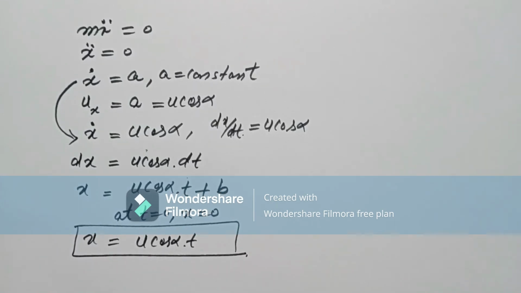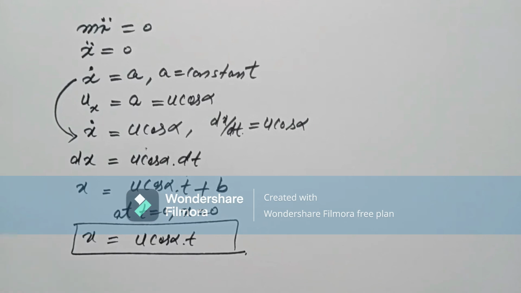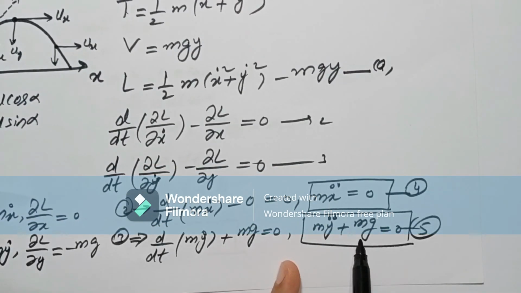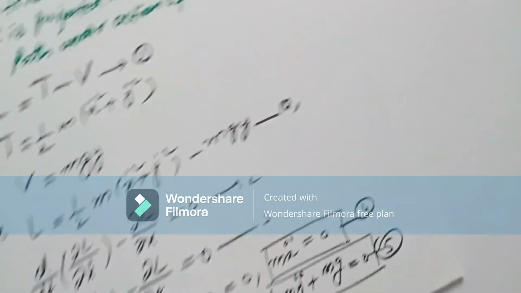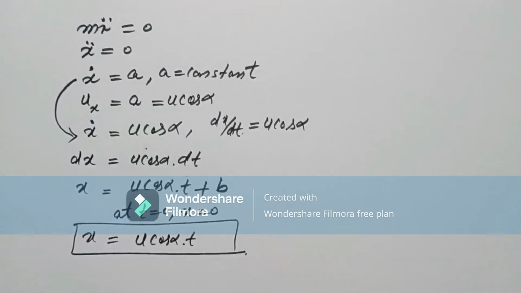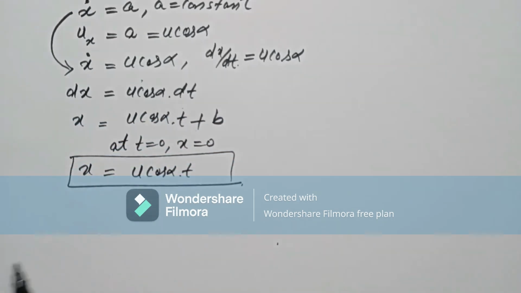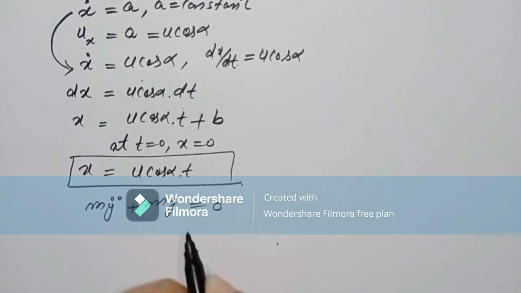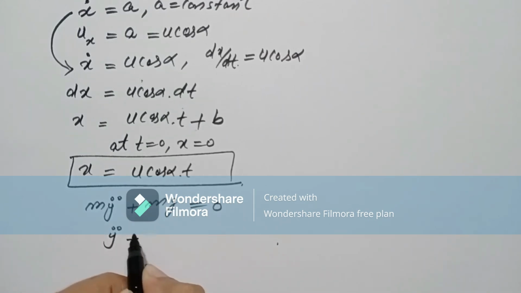Now we will find the value of y from equation 5. From equation 5, m y double dot plus mg equals 0. So y double dot plus g equals 0, y double dot equals minus g.